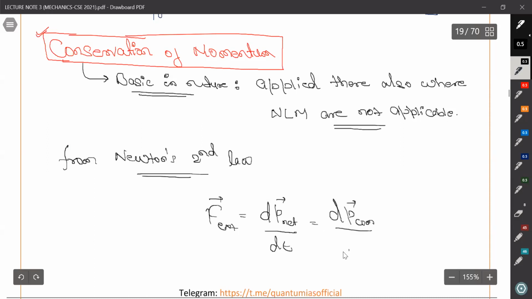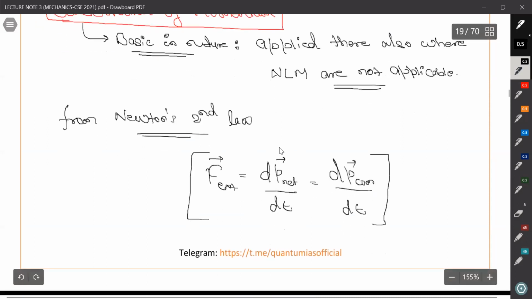We have just defined that the net momentum of the system of particles is equal to the momentum of the center of mass, right? And if F external is 0, what will happen?